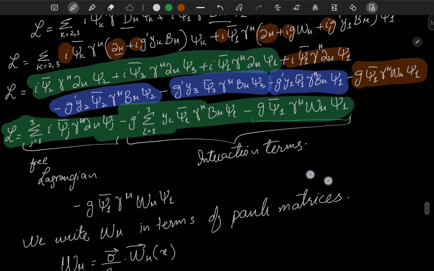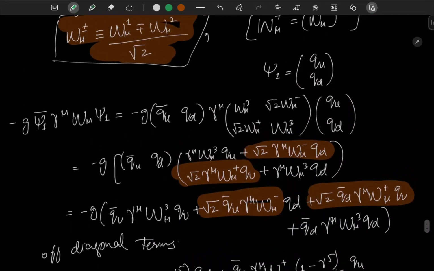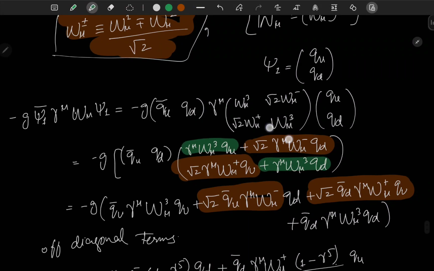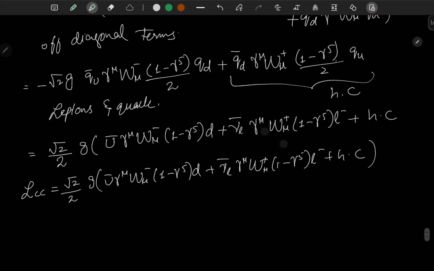Now we are going to consider the diagonal terms here, in order to get the neutral current part.